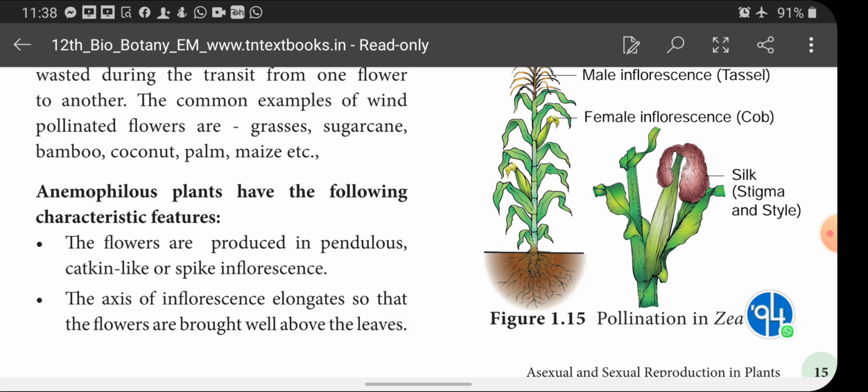Anemophilous plants have the following characteristic features. The flowers are produced in pendulous, catkin-like or spike inflorescence.